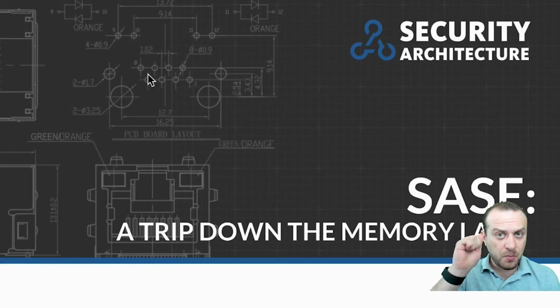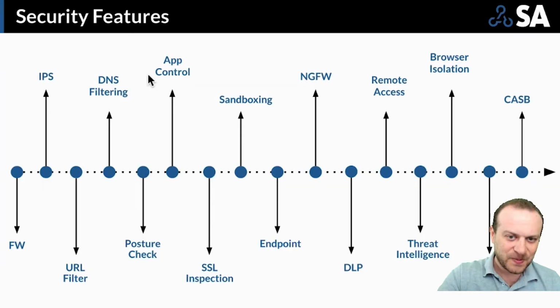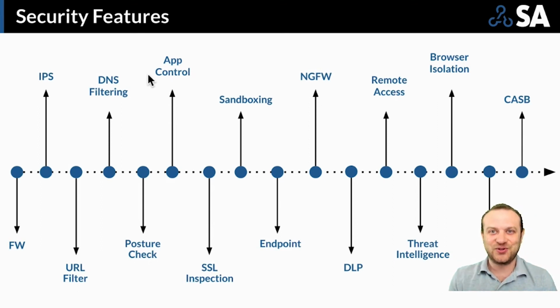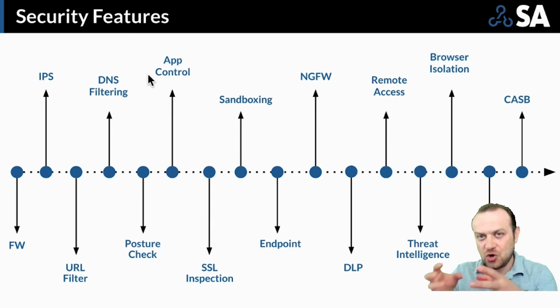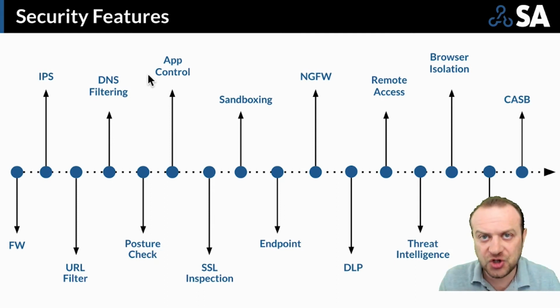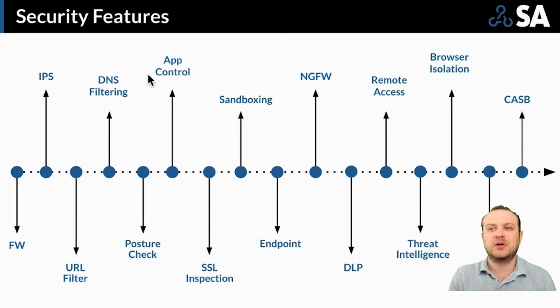So let's go backwards and then go forwards. Let's start from the security features. What is actually included as part of SASE? Whatever you see here on the screen, it's actually going into the SASE. We're probably familiar with IPS, DNS filtering, next generation firewalling, sandboxing, remote access, browser isolation.